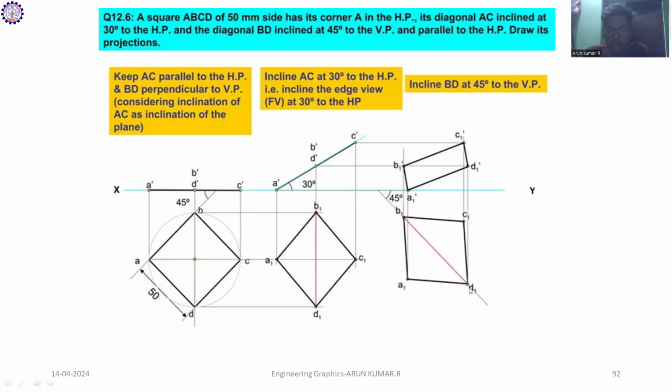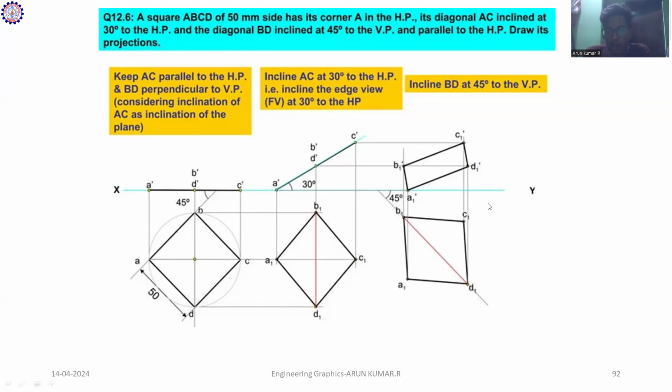You have to construct the front view of this diagram. Okay, so how to get the front view? First of all, you construct the imaginary lines towards the XY line from A1, B1, C1, D1. Similarly, you construct the lines from the third step of our diagram, like A dash, B dash, D dash, and C dash.